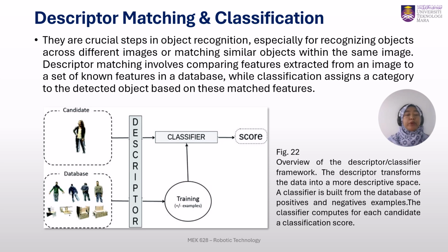Okay, once we have extracted the features, we match them to known ones. Okay, meaning that you already have one known data in the database. So like facial recognition, we compare features to a database and then we classify the object accordingly. For example, I have my own face, and I extract the feature from my face and keep this one in the database.